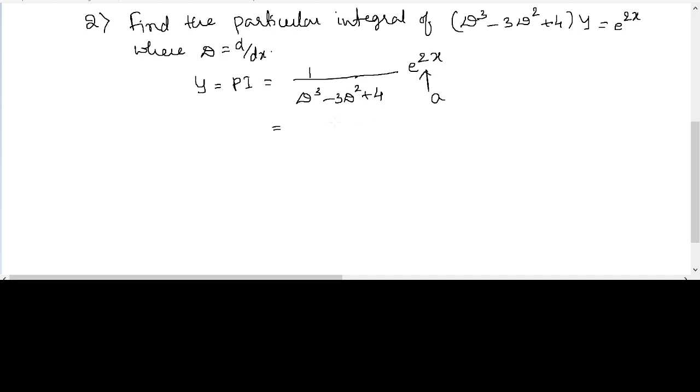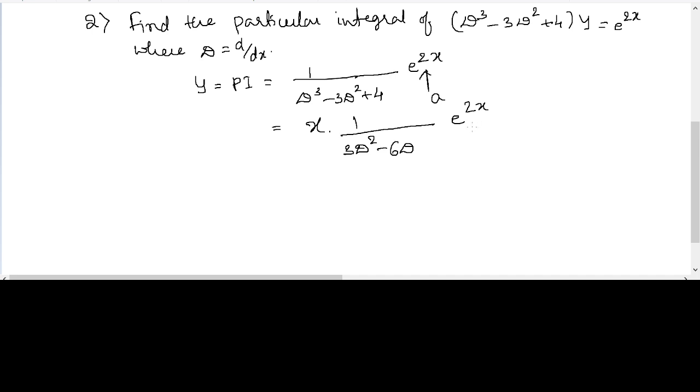When I replace, we are going to get 0 in the denominator of f of D. In order to overcome this, we have to multiply by the independent variable, here x, and differentiate the denominator with respect to D. We get 3D square, the derivative of D cube, minus 6D, that is 3 into 2D, derivative of 4 is 0, and we write e power 2x as it is.